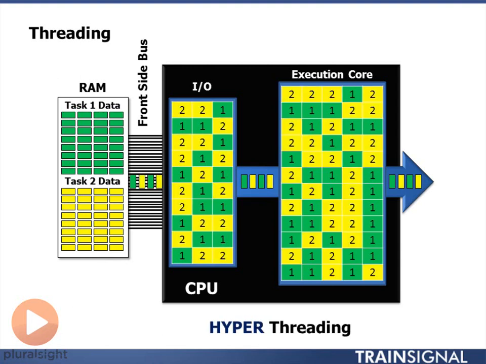Well, we've now come out with something called hyper-threading, or sometimes it's referred to as multi-threading. It was one of the very first virtualization-type ideas. Don't confuse this with the type of virtualization we're going to continue talking about, with virtual machines and things like that.